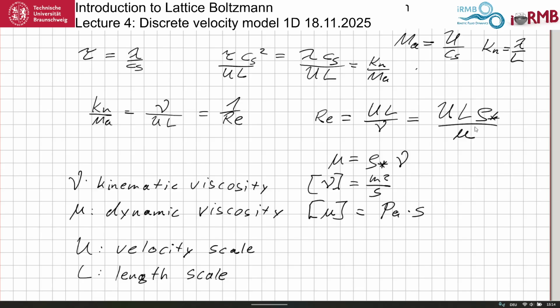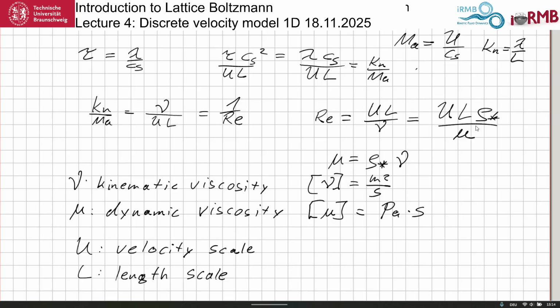The question was, why do we prefer to have the dynamic viscosity? And I explained that the dynamic viscosity tends more to be constant, especially in compressible flow, than the kinematic viscosity. What's the problem with the kinematic viscosity?